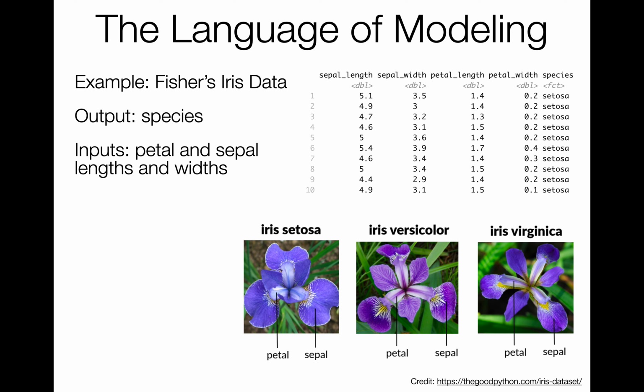If you look at the picture, you can see that setosa looks a lot different than versicolor or virginica. In setosa, it looks like the petal is very short and the sepal looks really wide. But the two that look more similar are versicolor and virginica.